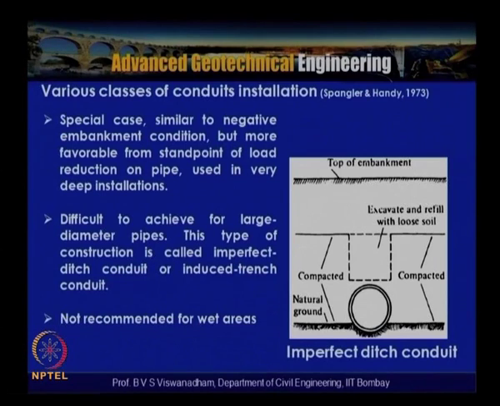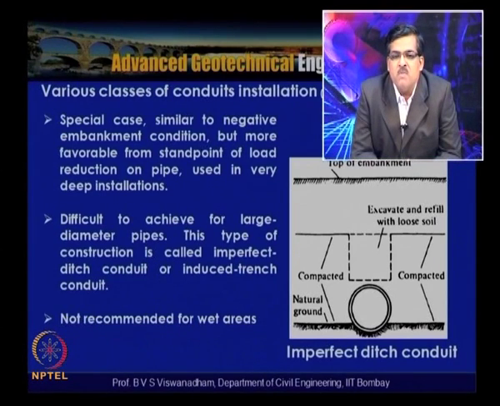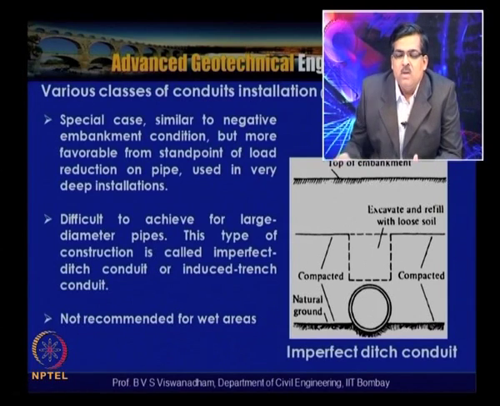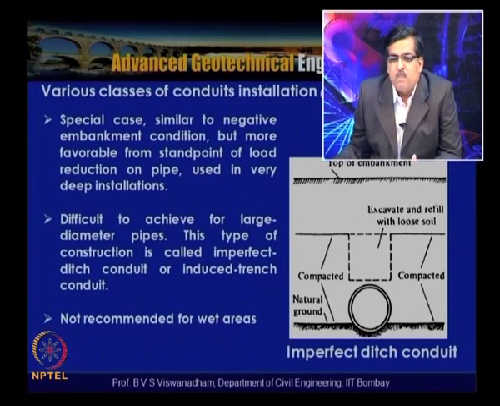This is difficult to achieve for large diameter pipes, and this type of construction is called imperfect ditch conduit or induced trench conduit condition, where the top of the pipe is above the natural ground level and is filled with a compacted fill, and above the pipe loose soil is placed. This process invites seepage into the area, which endangers the stability of the pipe.